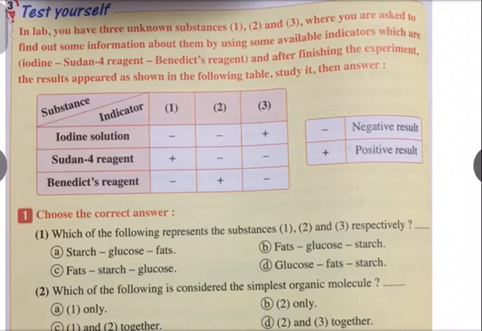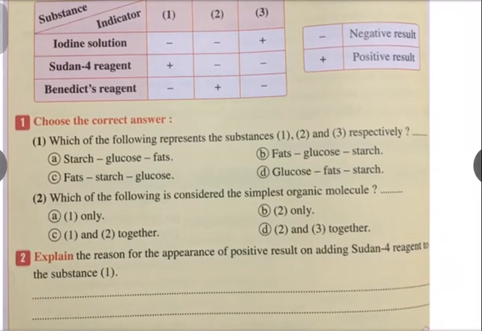Substance 1 و 2 و 3. Number 3 عملت positive مع الأيودين solution، يبقى أكيد دي starch. Number 1 عملت positive مع السودان 4، يبقى أكيد دي lipids. و number 2 عملت positive مع Benedict reagent، يبقى أكيد دي glucose. Choose which of the following represents the substance 1 و 2 و 3 respectively. فاحنا جاوبناها اللي هي fats, glucose and starch، اللي هي B.